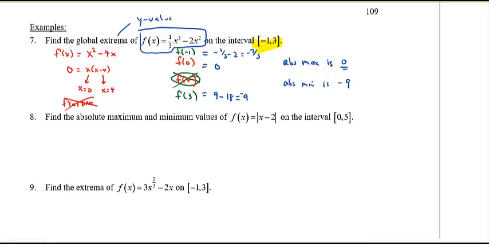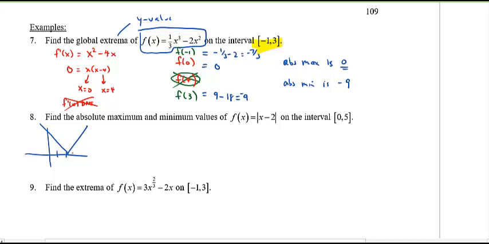Okay, number 8. Find the absolute max and min values. So once again, we should be finding the first derivative and where it's equal to 0. But this one is a very peculiar graph. This is a V-shaped graph. Remember this?